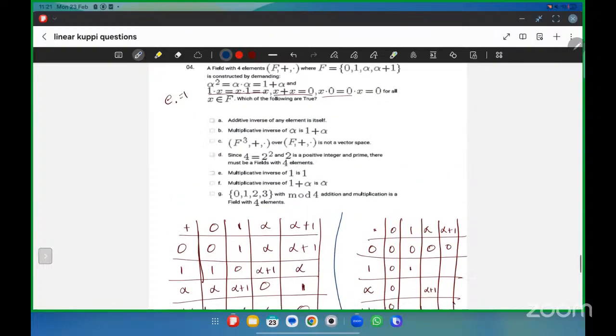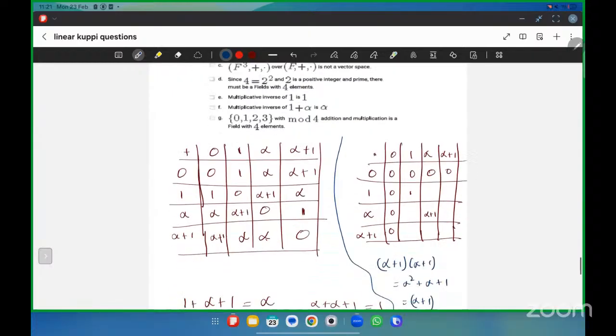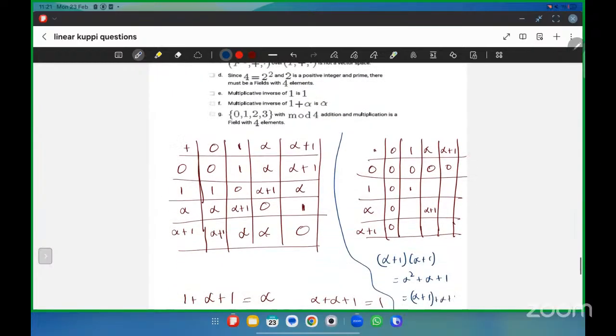There's a condition they gave us, so alpha plus 1 plus alpha plus 1 is 0.